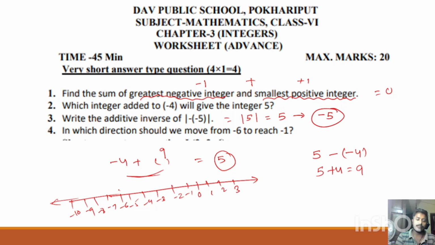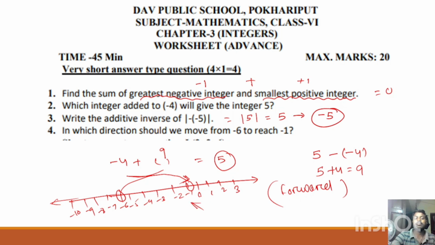So here is minus 6 and here is minus 1. We move in which direction? The direction is forward, or we can say east direction. Now we move in the forward direction to reach minus 1.